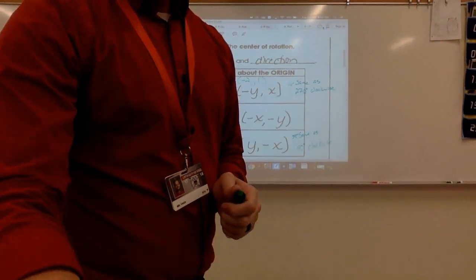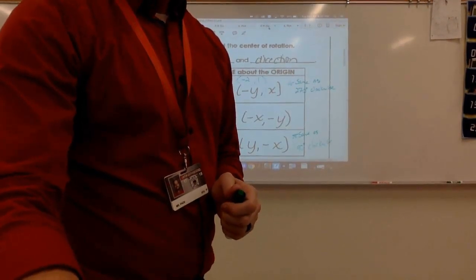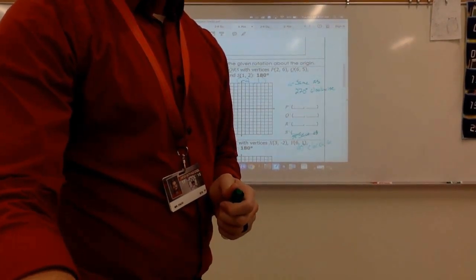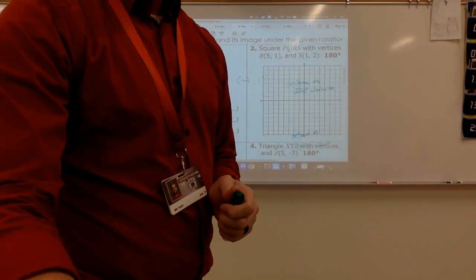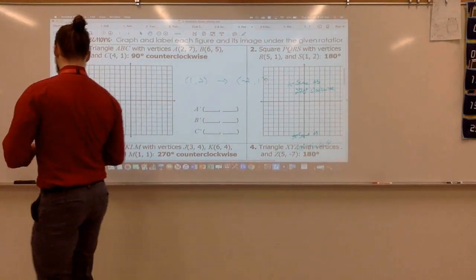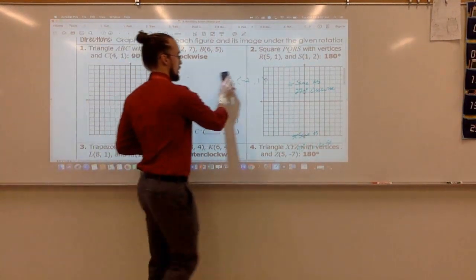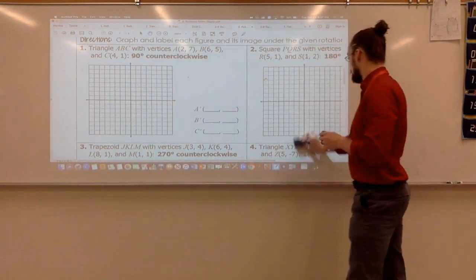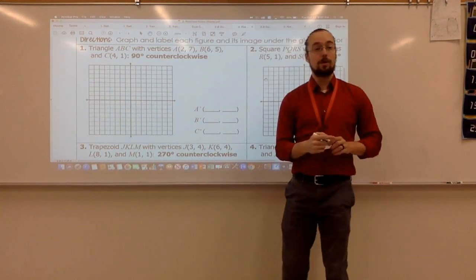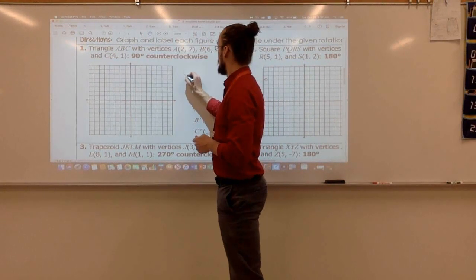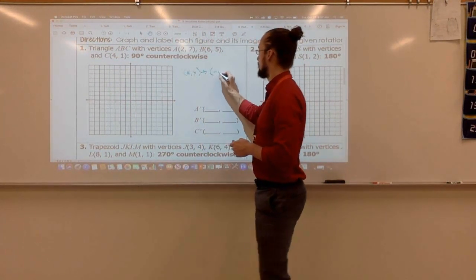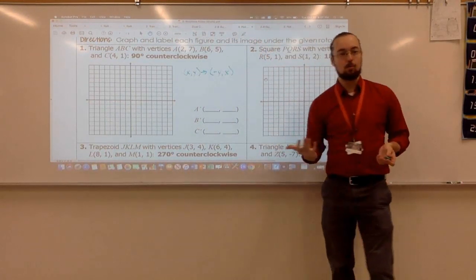All right, then let's look at number 1 together. Okay, so for rotations, I think it's easier to first write down our new points. So the rule for 90 degrees counterclockwise was flip them and take the opposite of what the y was.